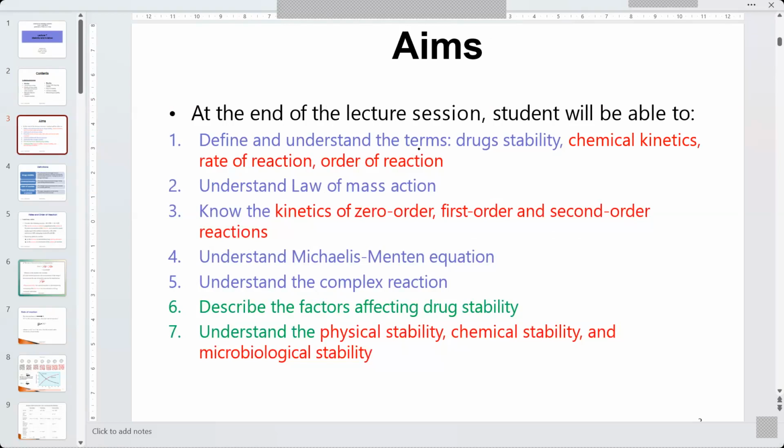Understand the law of mass action, know the kinetics of zero order, first order, and second order reactions, understand the Michaelis-Menten equation, understand the complex reaction, describe the factors affecting drug stability, and understand the meaning of physical stability, chemical stability, and microbiological stability. And as I mentioned, all this will lead to understanding the basic concepts behind the concept of shelf life of drug products.